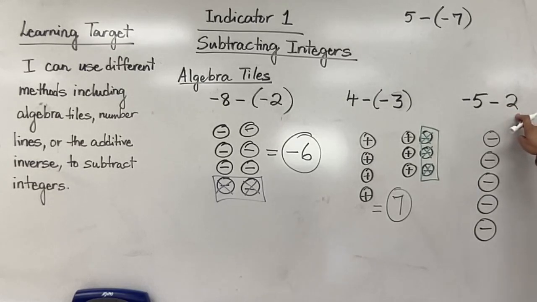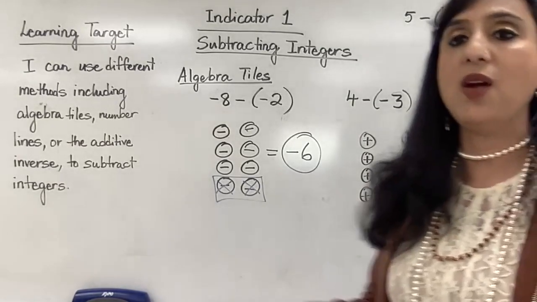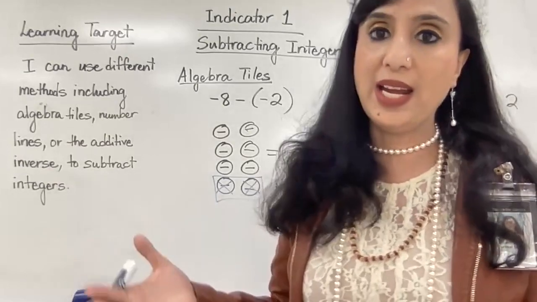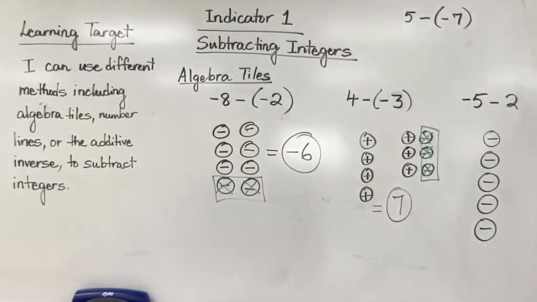So I am going to go ahead and add 2 0 pairs. 0 pairs meaning 1 positive and 1 negative, because it will not change the value. Okay, so I am going to do positive and negative, and positive and negative.